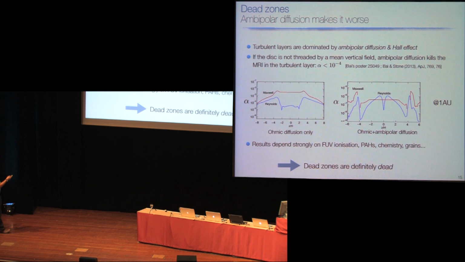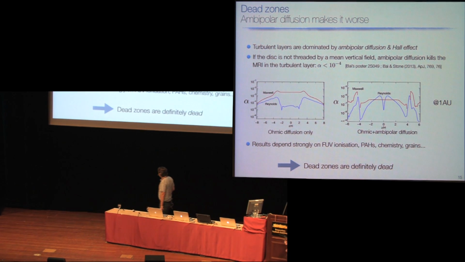Of course, this relies strongly on FUV ionization, the presence of PAH, chemistry, etc. To compute these results, Xuning, and by the way, there is a poster, 2S049, describing this sort of thing, has been using a quite complicated chemical network involving something like 2,000 reactions. So this is quite accurate. But keep in mind, there are many effects hiding there. So, well, that's a problem.